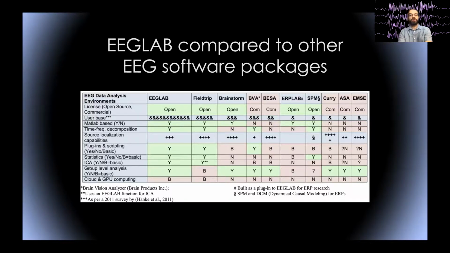For example, EEGLAB versus FieldTrip versus Brainstorm, etc. Whether they're open source or COM means commercial, and type of user base, whether it's Matlab based or not, whether you can do time frequency decomposition, source localization capabilities, plugins, statistics, ICA, group level analysis, etc. And cloud and GPU computing, again, that's an old slide here. I should say yes, because now we have NSG, which I'm going to demo today.